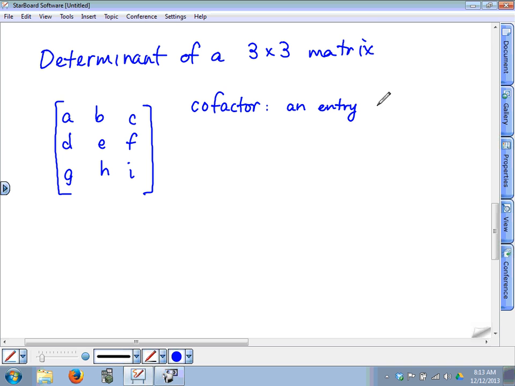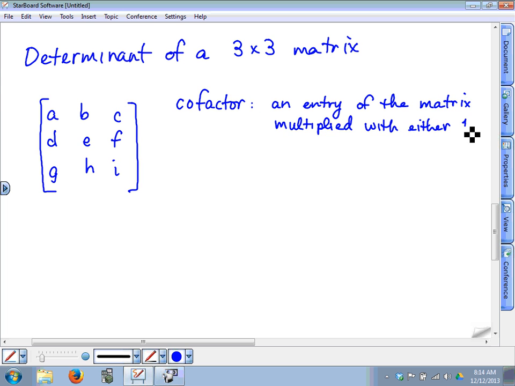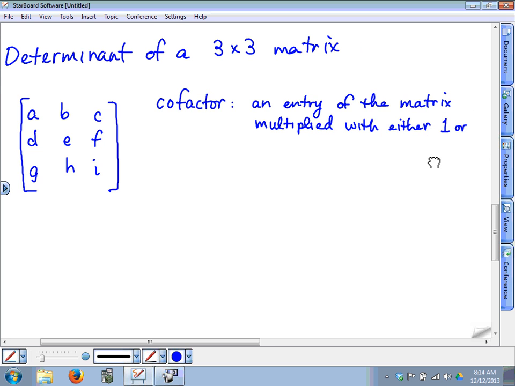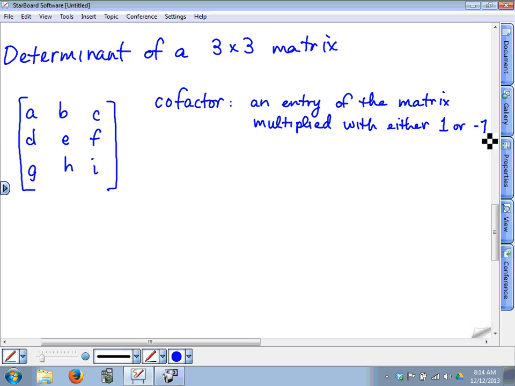It's an entry of the matrix. Any entry of a matrix can be what's called a cofactor, but it's not just the entry, it's an entry of the matrix multiplied with either 1 or -1.